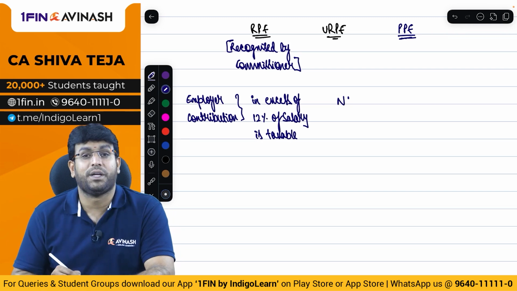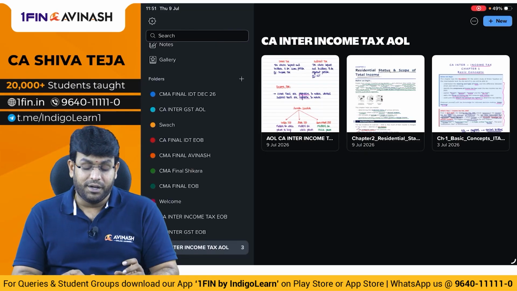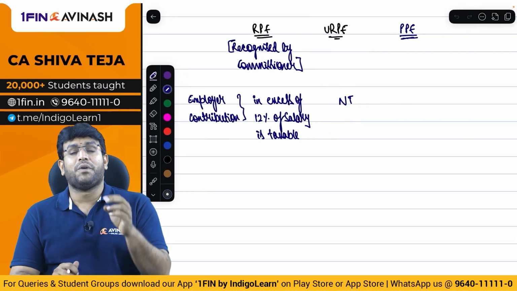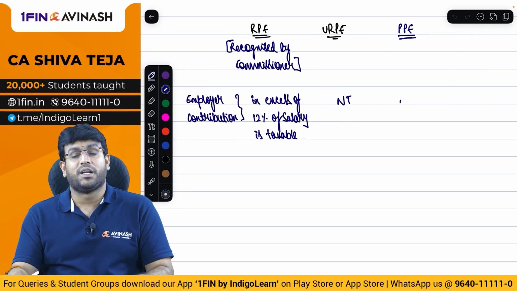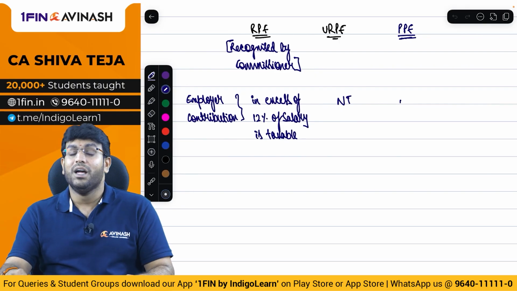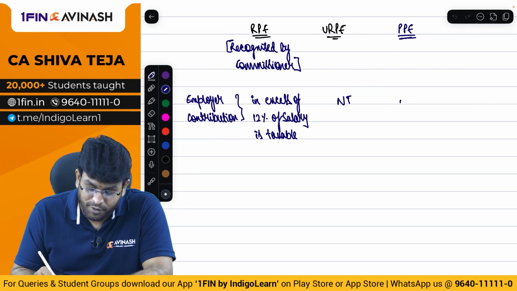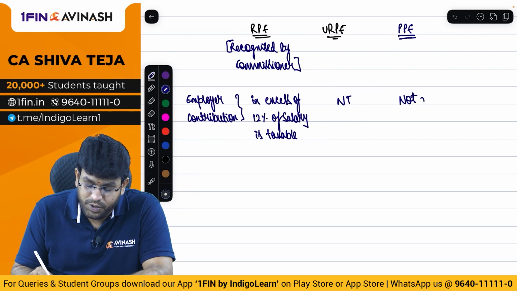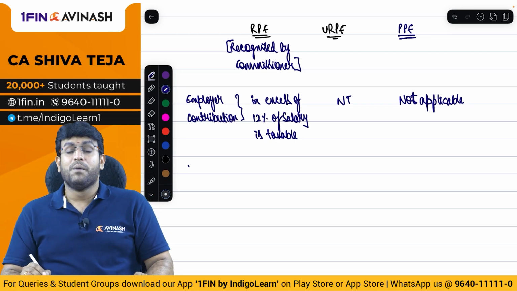But in case of URPF, it is not taxable now, because in an unrecognized provident fund, taxability will come into picture at the time of withdrawal. At the time of withdrawal, definitely taxability will come into picture. See next. PPF, I'll write it as not applicable. Obviously not applicable for a simple reason, because there is no concept of employer contribution in case of Public Provident Fund.